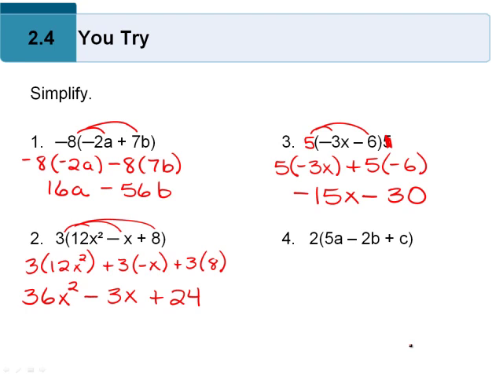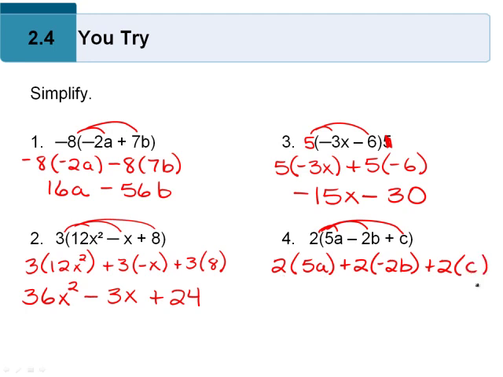And number 4, we have 2 times 5a minus 2b plus c. Since there's no like terms in there, we're going to distribute the 2 through the parentheses. So we have 2 times 5a, and a positive 2 again times negative 2b, and a positive 2 times c.